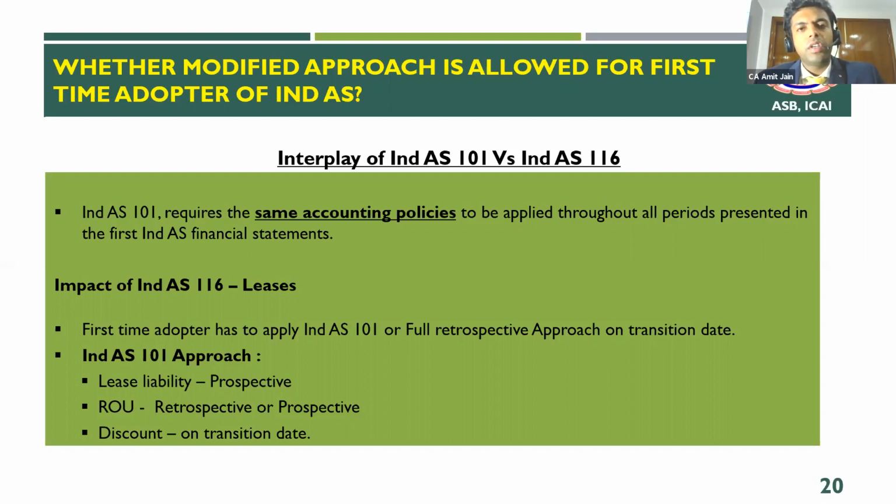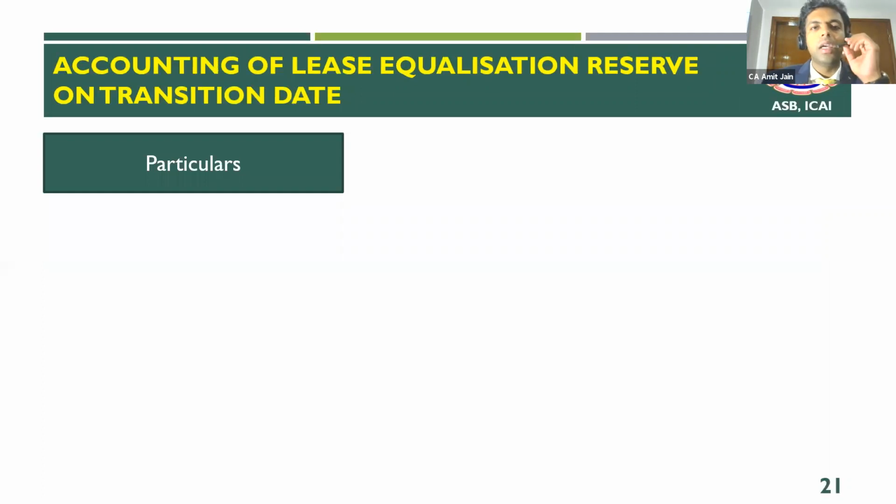One is the first time adopter applies the IND-AS 101 exemption on the transition date, or he can adopt the full retrospective approach, which is given under IND-AS 116, in which the comparatives have to be restated, in which for all the comparative financial years he has to apply IND-AS 116 retrospectively. So two options, one is IND-AS 101 and second is retrospective application of IND-AS 116. So that means the modified approach is not applicable in case of a first time adopter.